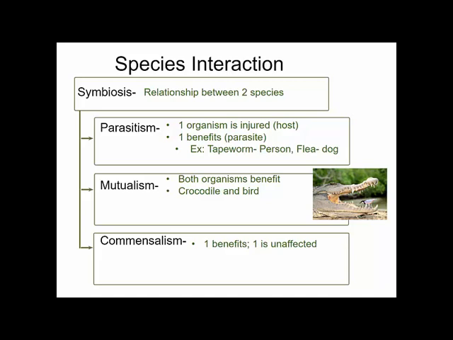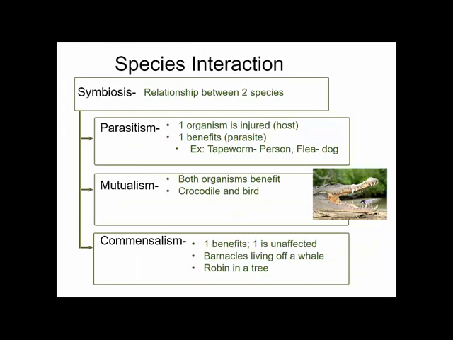All right, commensalism is a relationship when one of the organisms benefits, but the other is not really affected. So an example, a barnacle that attaches itself to a whale, a robin living in a tree.